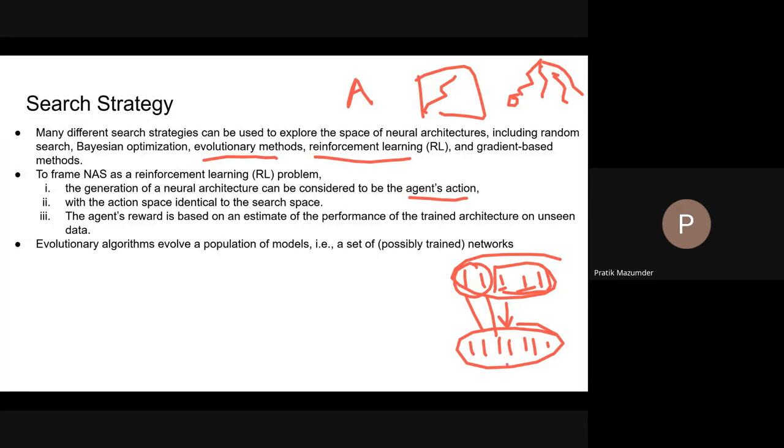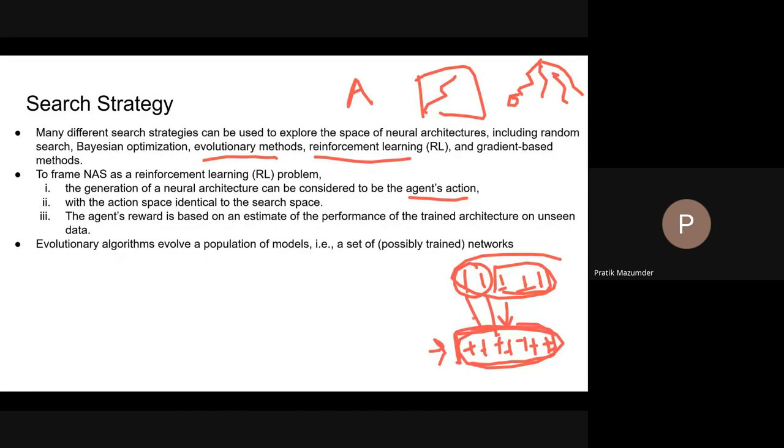So in a way, over time, the population that you maintain will ensure that the models that are not so good will get weeded out slowly, and you have a set of architectures which are performing well. Whenever you move from one generation to the next, you try to add some mutations into these models, maybe change one layer, maybe delete one layer, maybe change the hyperparameters of a particular layer.